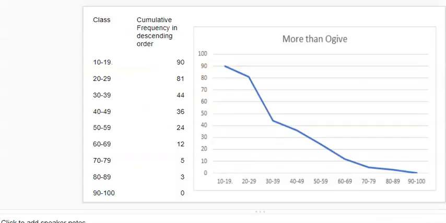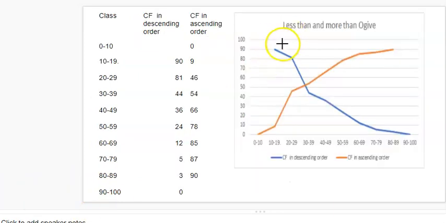Now when we combine both together, this is the more than ogive, and this is the less than ogive.